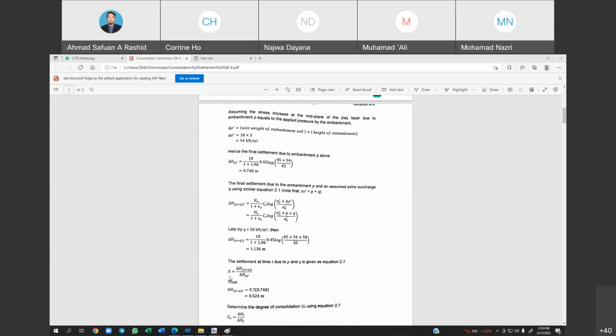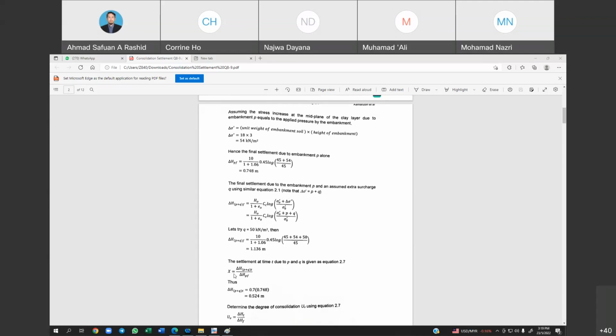So X is equal to delta H P plus Q at T, over delta H PF, which is after the application of the permanent embankment.